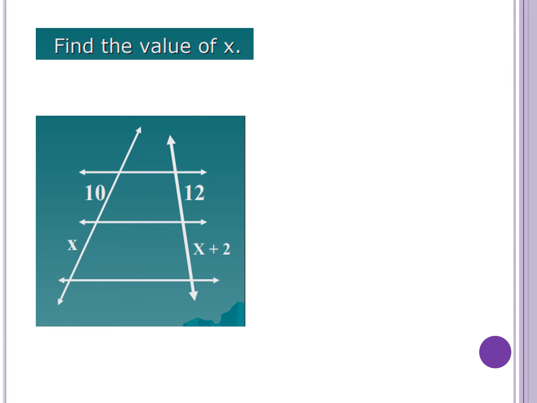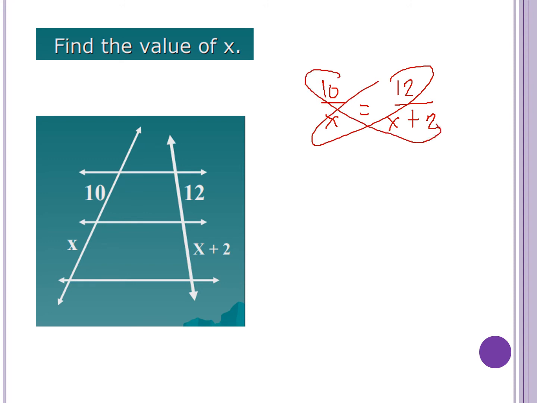Let's have another example. Find the value of X. To solve for X, we can form a proportion. 10 is to X is equal to 12 is to X plus 2. Cross multiply, 12 times X is 12X is equal to 10 times quantity X plus 2.